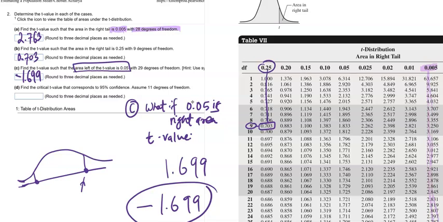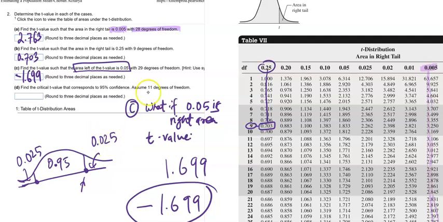Remember that this is 95% confidence, so it's going to be 0.95, and this is going to be 0.025, because the total is 5%, or 0.05, and you divide by 2, you get 0.025.